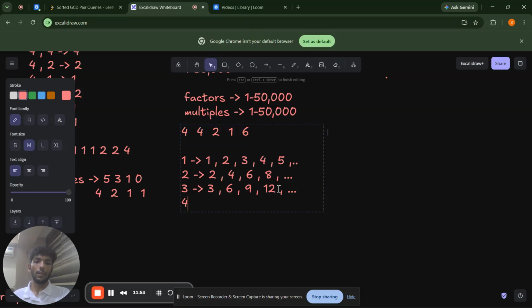So we will restrict our multiples till this maximum element. Here the maximum element is 6, so we will go till 6. Here 8 is beyond 6, so we'll skip it. 9 and 12 are also beyond 6, so we will skip them. Here we have 4, here 5, 6.